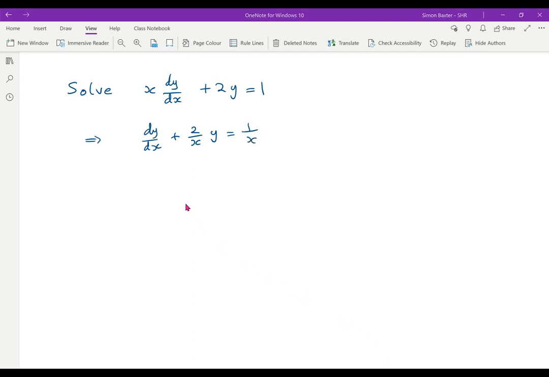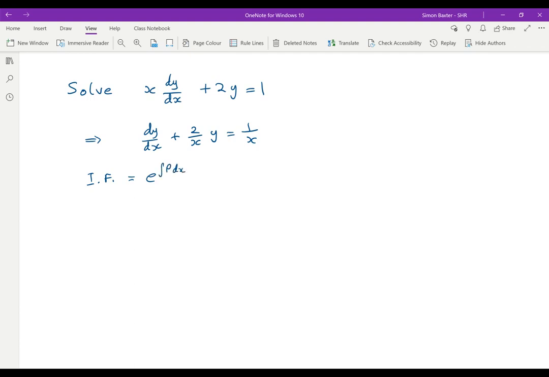Now we have the equation in the right form. We've got dy by dx on its own, we have a function of x times y, and we have another function of x.